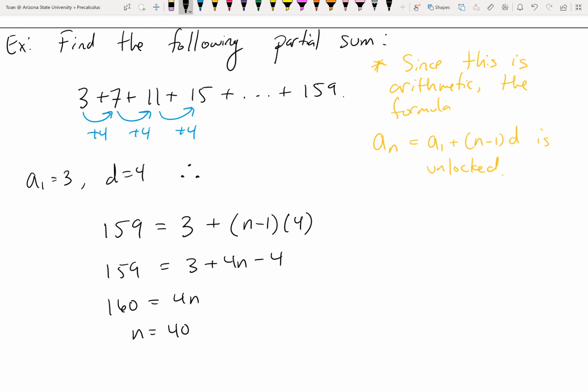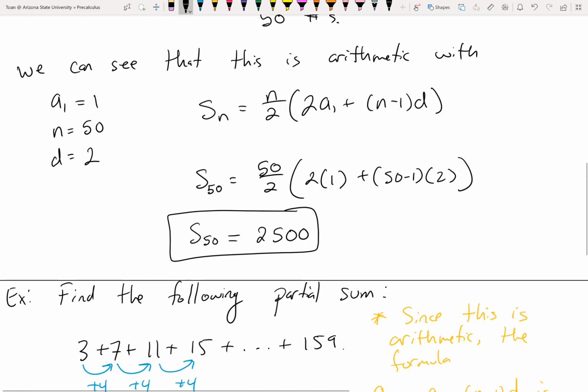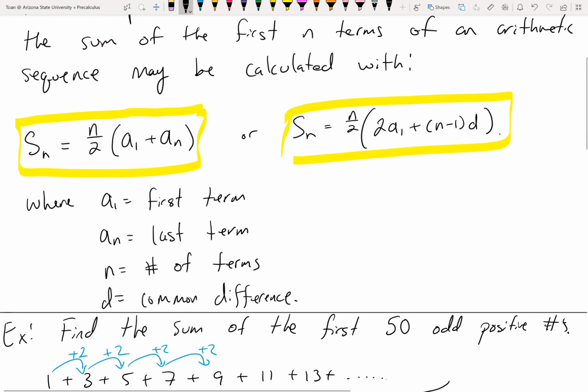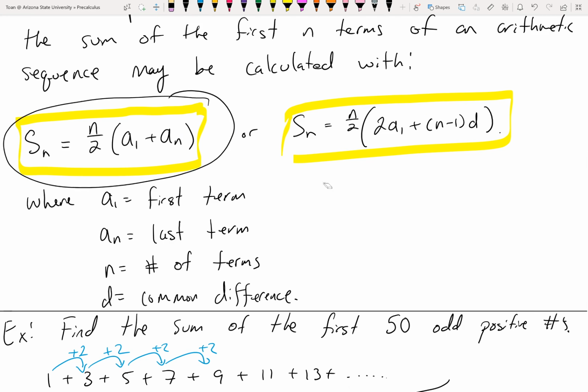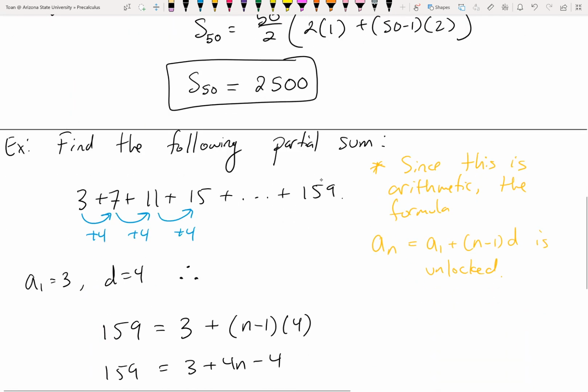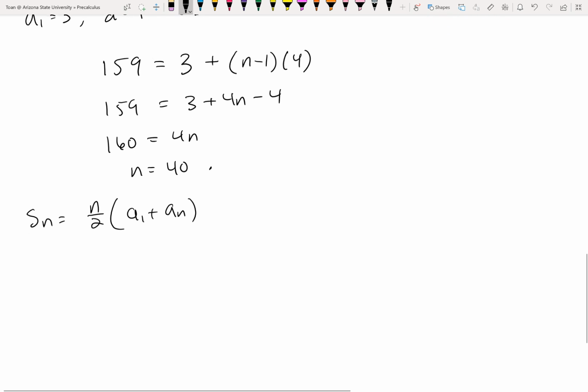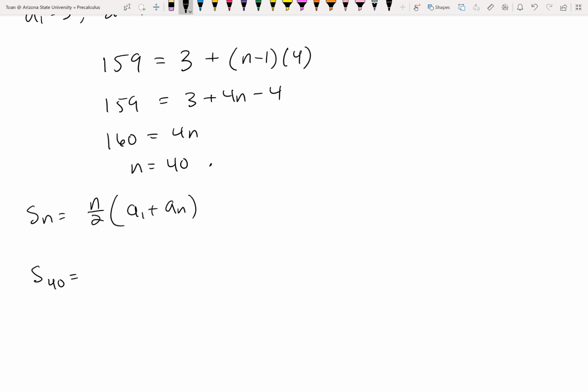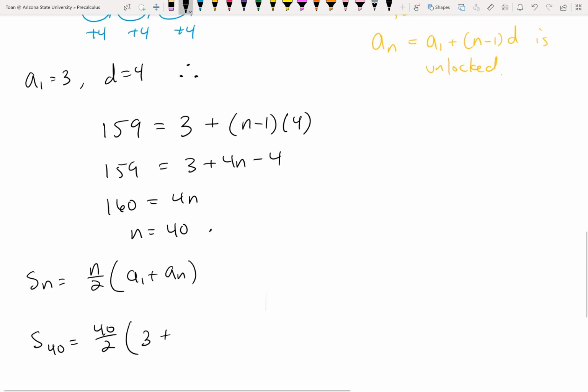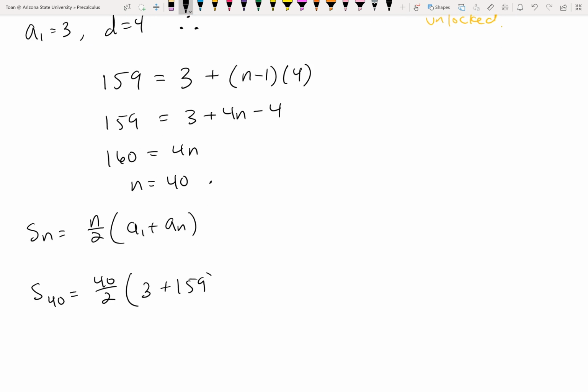Once we have n, you can use either variation of the formula because we have all the pieces necessary. Since this one looks smaller, I'll use this variation here. Knowing that s sub n is equal to n over 2 times a sub 1 plus a sub n, we have s sub 40 equal to 40 over 2 times the first number, which is 3, plus the last number, which is 159.